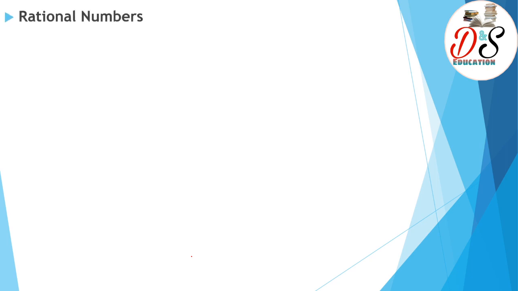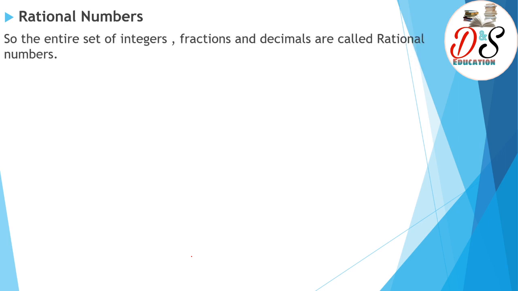Now we will talk about rational numbers. That is our today's topic. So the entire set of integers that we have learned earlier, fractions and decimals are called rational numbers. If we have to represent rational numbers in a diagram, how will you represent it? Let me show you.